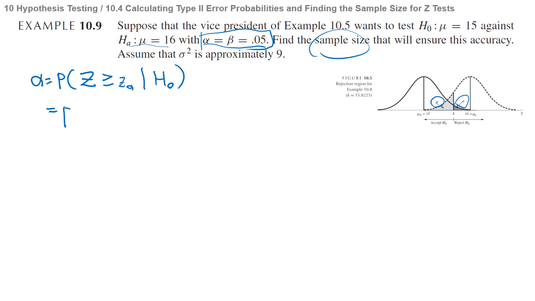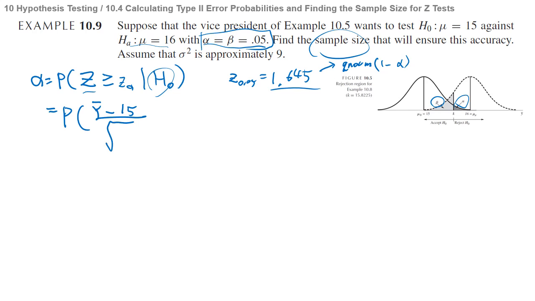Z alpha is z 0.05, and from the previous calculation it's 1.645. You can calculate this using R, qnorm of 1 minus alpha, then you can get this value.